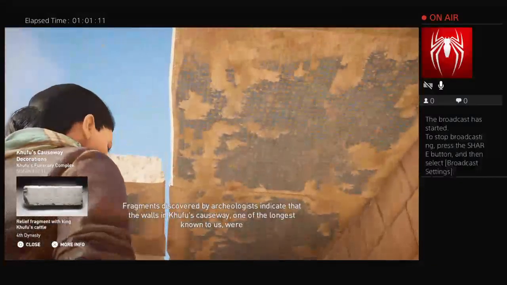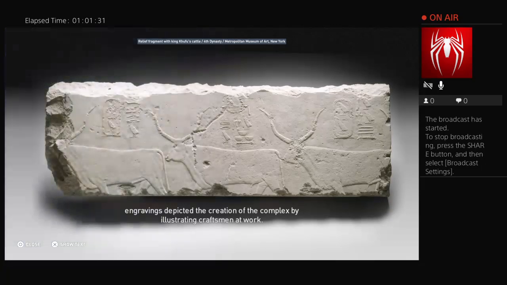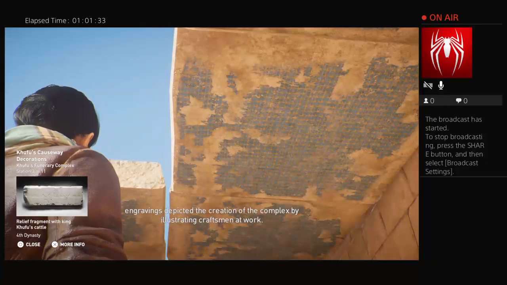Fragments discovered by archaeologists indicate that the walls in Khufu's causeway, one of the longest known to us, were decorated with carvings and possibly paint. Depictions show a great variety of themes, stars on the ceiling, accompanied by scenes of battles on the walls. Other engravings depicted the creation of the complex by illustrating craftsmen at work.